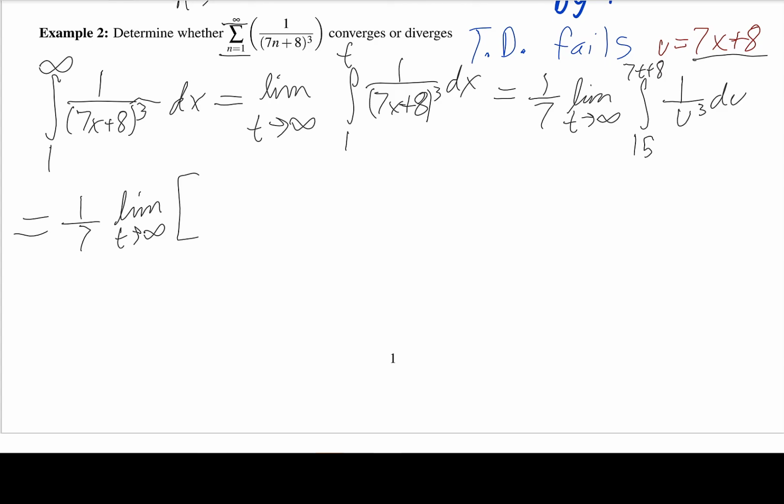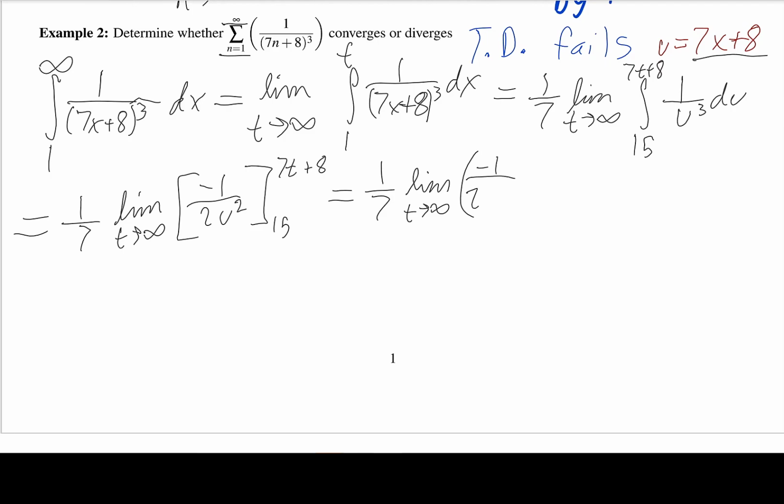And then for our integral, when we integrate u to the negative 3, we should get -1 over 2 u squared, evaluated from 15 to 7t plus 8. So this will be 1/7 times the limit as t goes to infinity of -1 over 2 times 7t plus 8 squared.